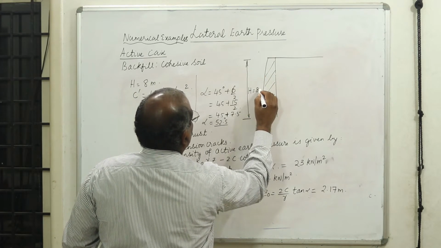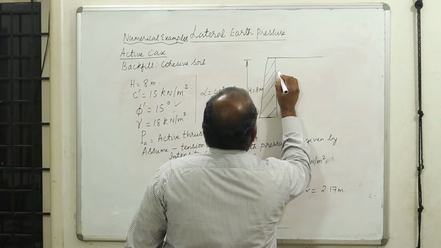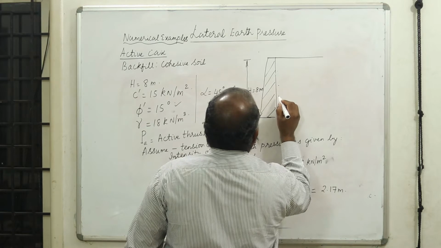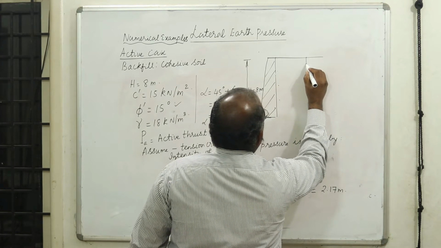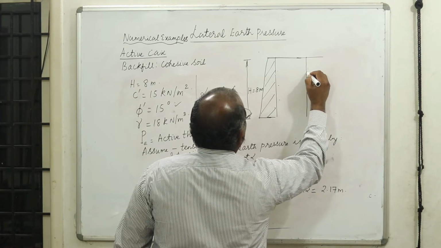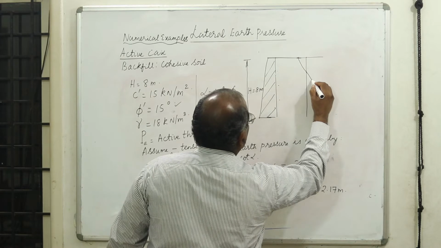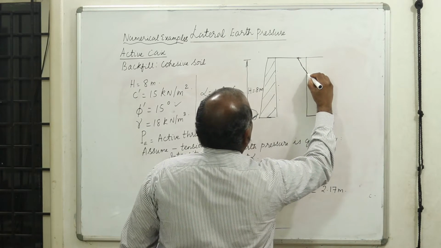Z naught is less than 3 meters, at around 2 meters. This is 2 meters, 4, 6, 8. Approximately here, 2.1. Now the pressure is going to become 0 at this point, and it is going to cross this and go to positive. This is negative.